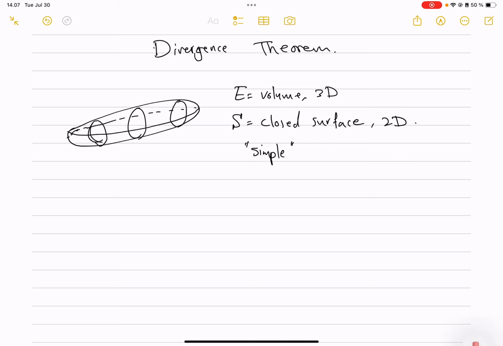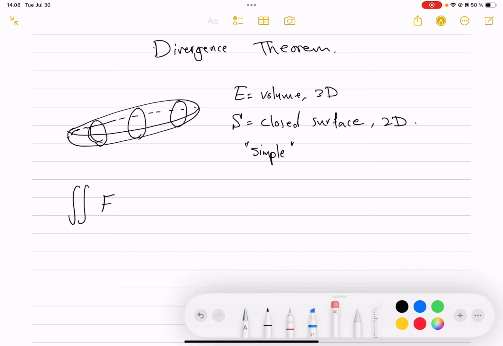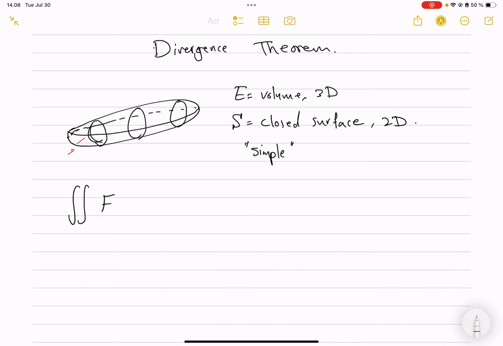The divergence theorem relates a 2D integral to a 3D integral. So you are given any vector field defined on a region which is larger than the whole volume, and so everywhere, including on the surface and a bit off the surface and in the interior, there is a vector field.